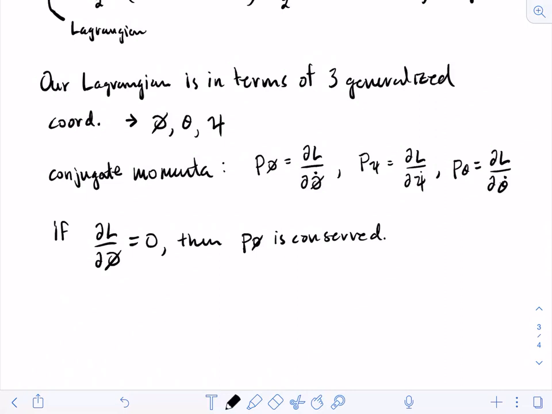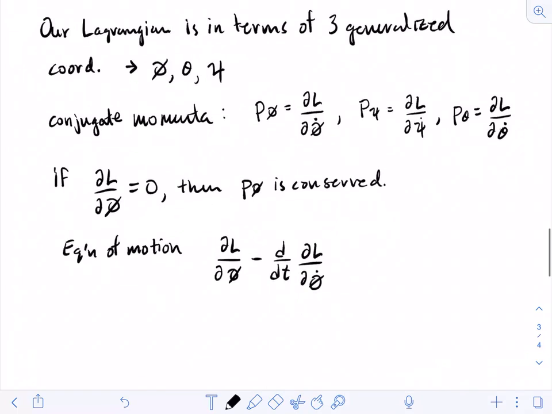Let's just remind ourselves that the equation of motion for the generalized coordinate phi was given by dL/d phi minus d by dt of dL/d phi dot, and those two had to be equal to 0.